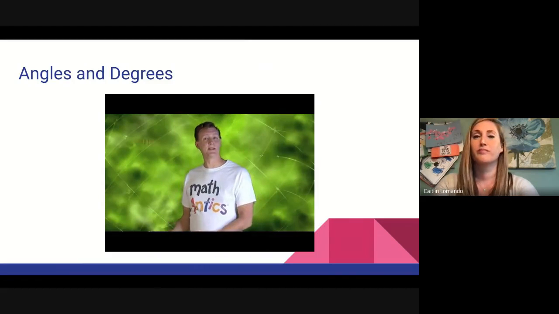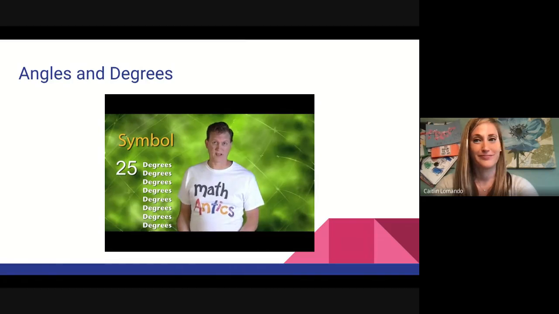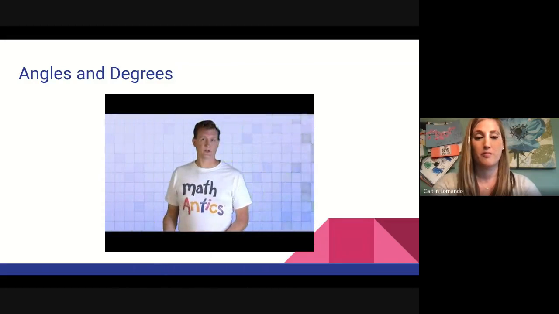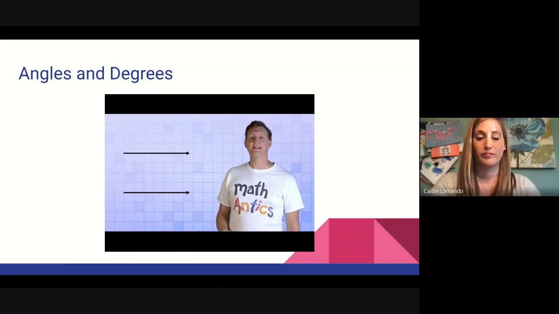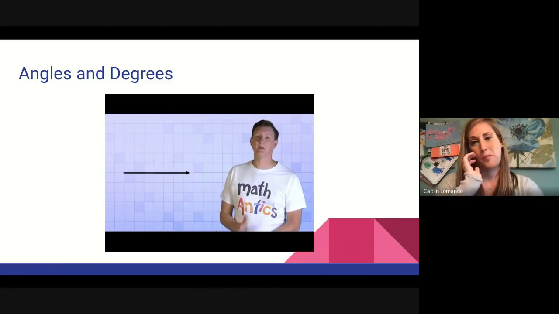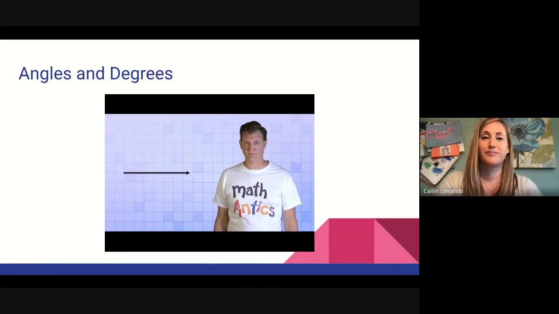And there's a special math symbol for degrees that we use instead of writing the word degrees over and over again. It's this little circle that you put after the number and up near the top. To see how we use degrees to measure angles, let's get two rays that point in exactly the same direction. Then let's put one ray directly on top of the other one so it looks like there's only one ray there, even though there's really two.